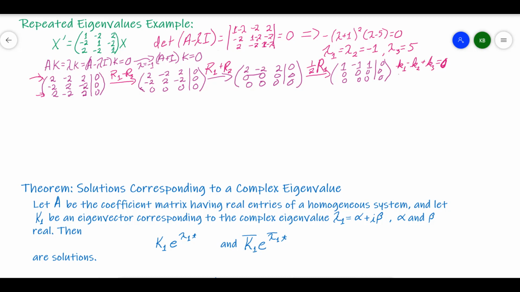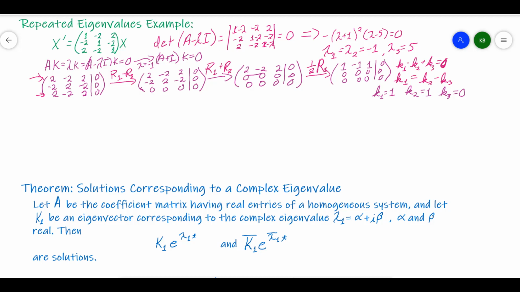I could find that maybe I take k1 and realize that it really equals k2 minus k3. So that means I get to choose both k2 and k3, and from that I'll get k1. So if I choose k2 equals 1 and k3 equals 0, then that means that k1 will have to equal 1, because I'll have 1 minus 0 will equal 1.